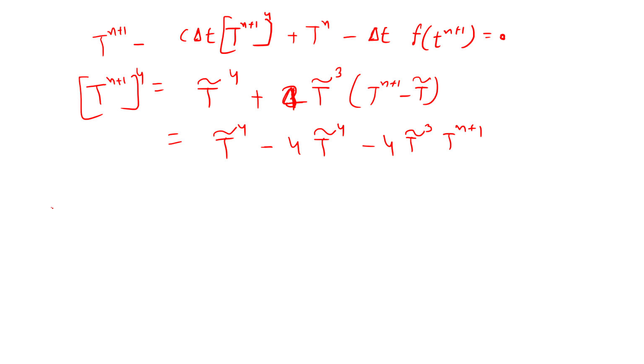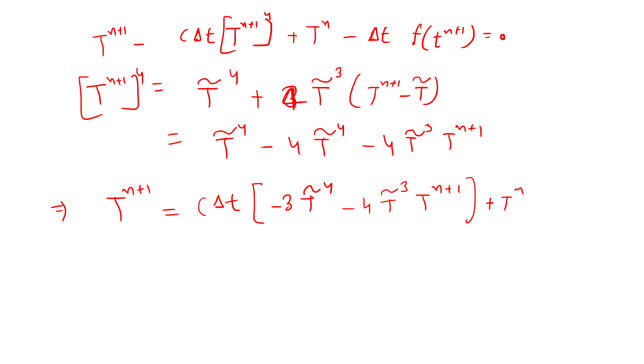So if I put that expression into the equation, T^(n+1) will be c delta t times (minus 3 T tilde to the power 4 plus 4 T tilde to the power 3 T^(n+1)) plus T^n plus delta t f(t^(n+1)).